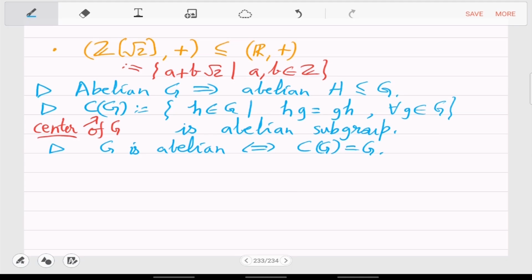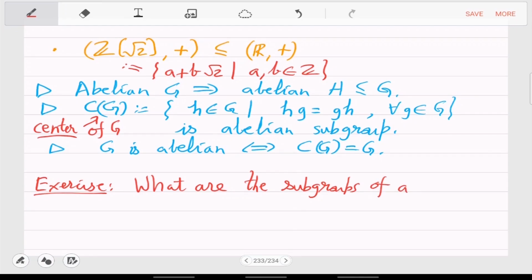What else? So one thing you can think about is what are the subgroups of a cyclic group? Okay, so for a cyclic group, like we had this, the group which is generated by powers of x, identify the subgroups of that.